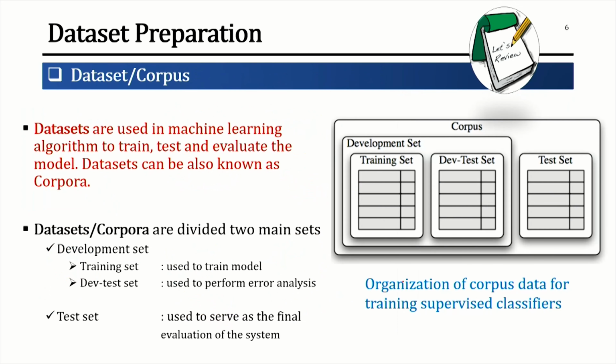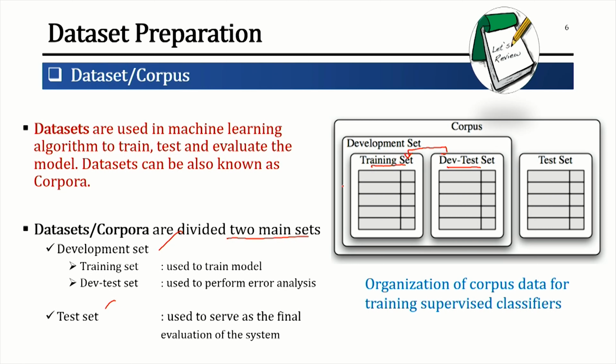And we have also learned about the types of datasets. We have two main sets called the development set and the test set. The development set is further divided into two different parts, called the training set and the test set. The training set is used to train our model.